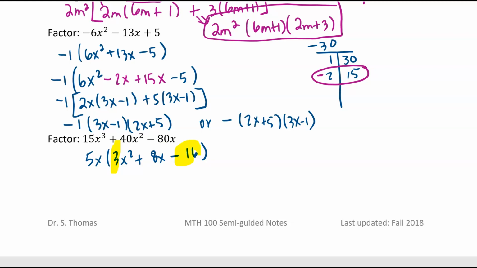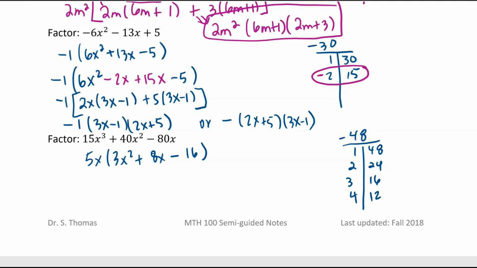So we multiply 3 times -16 to give us -48. Factors of 48: 1 and 48, 2 and 24, 3 and 16, 4 and 12. What would add up to give us the positive 8, but at the same time multiply to give us -48?